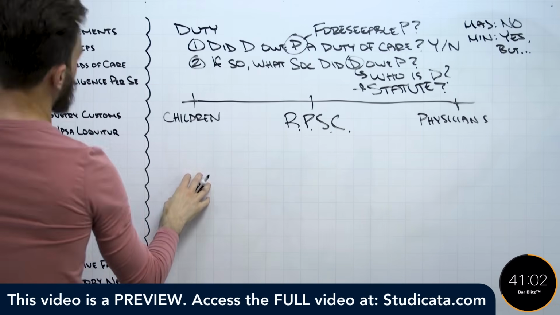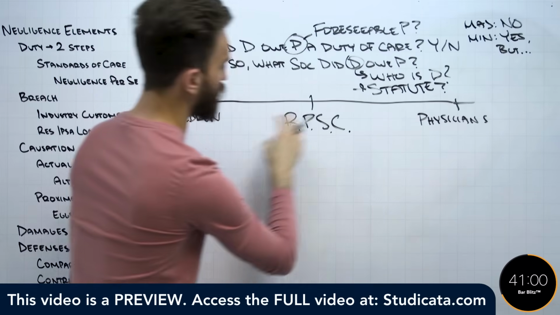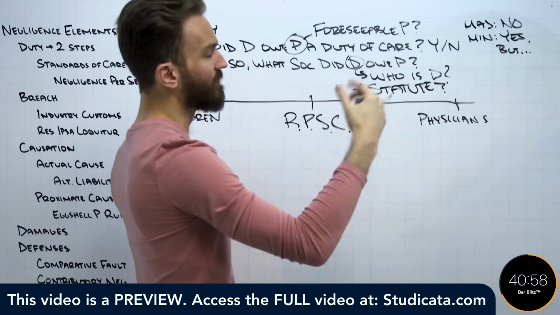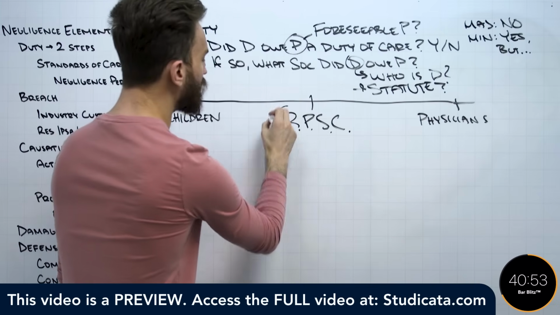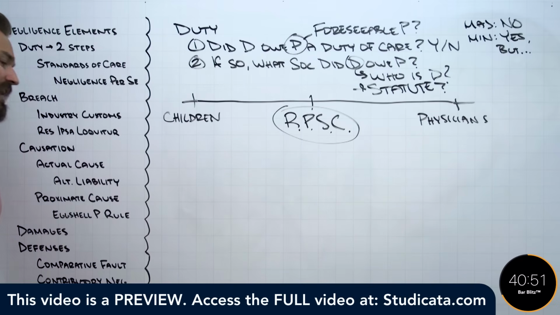If we don't have a special class of defendant or a statute that defines what the standard of care is as a matter of law, our default is the reasonable person standard of care.